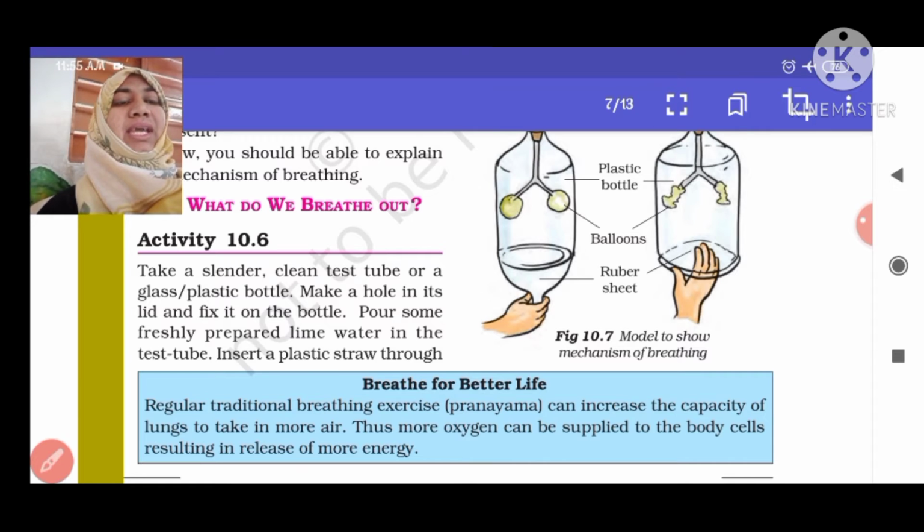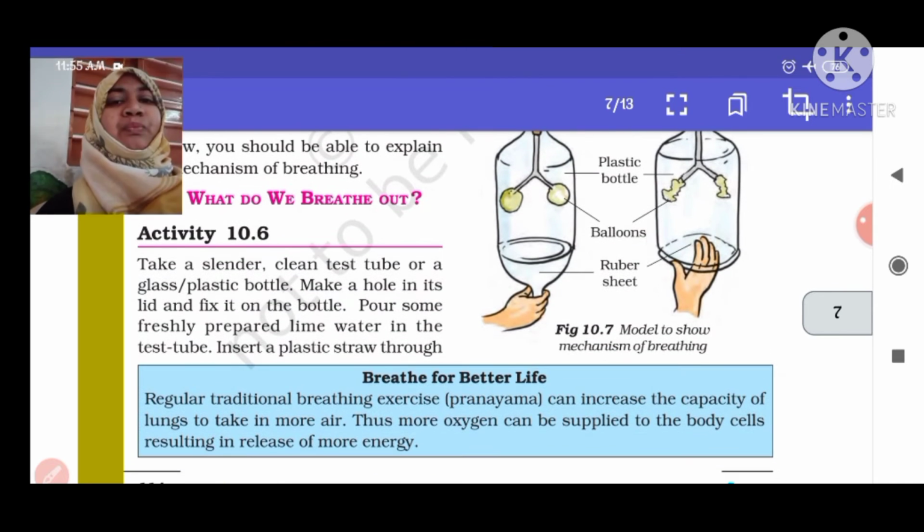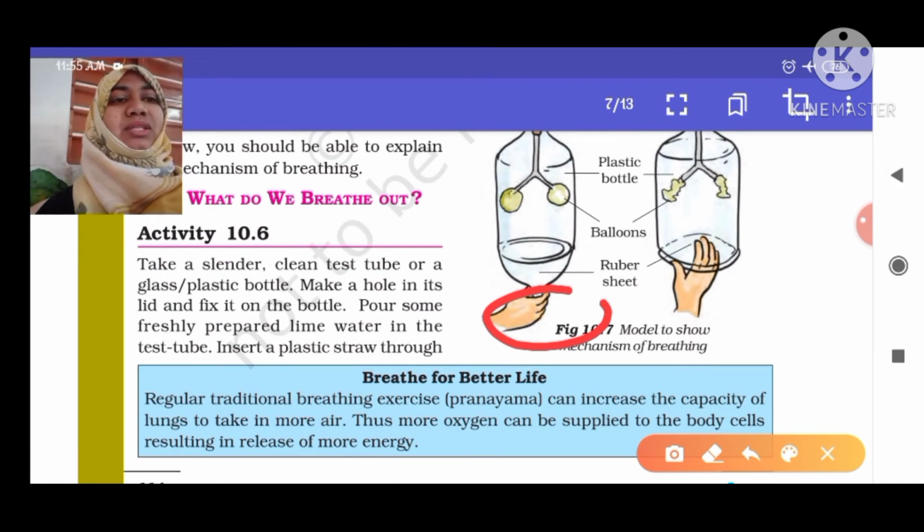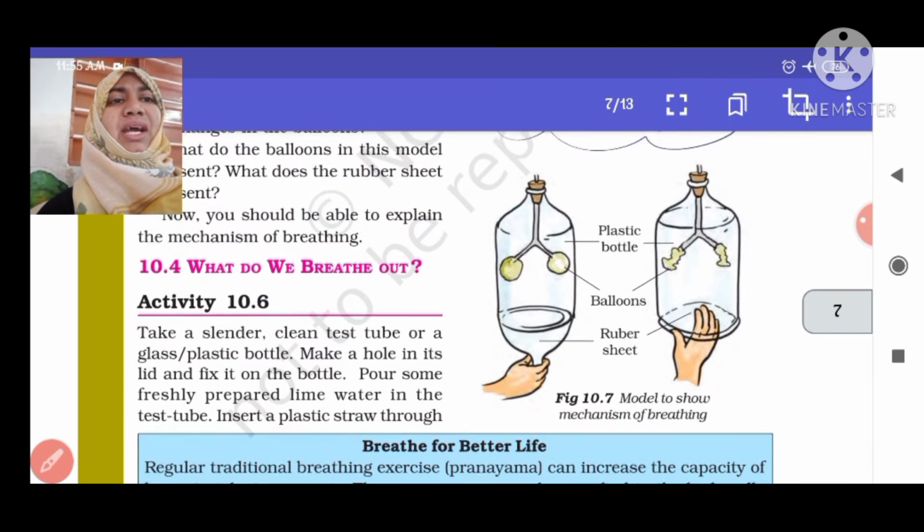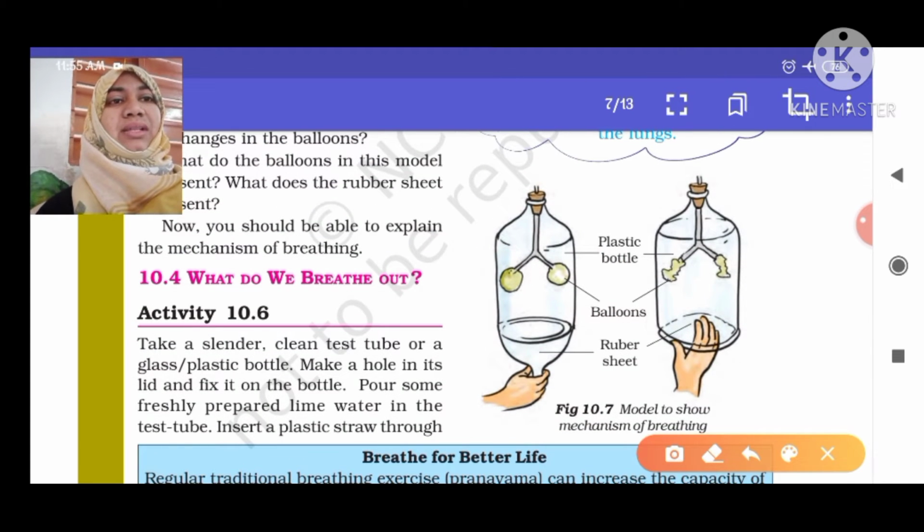When the experiment is performed, how will the changes take place? With the help of your hand, when this rubber sheet is pulled downwards, what will happen? There is inflation of the balloons, the bulging of the balloons will take place. Why is air filled in the balloon here? It is similar to the chest cavity. As you can see, there is an opening here.